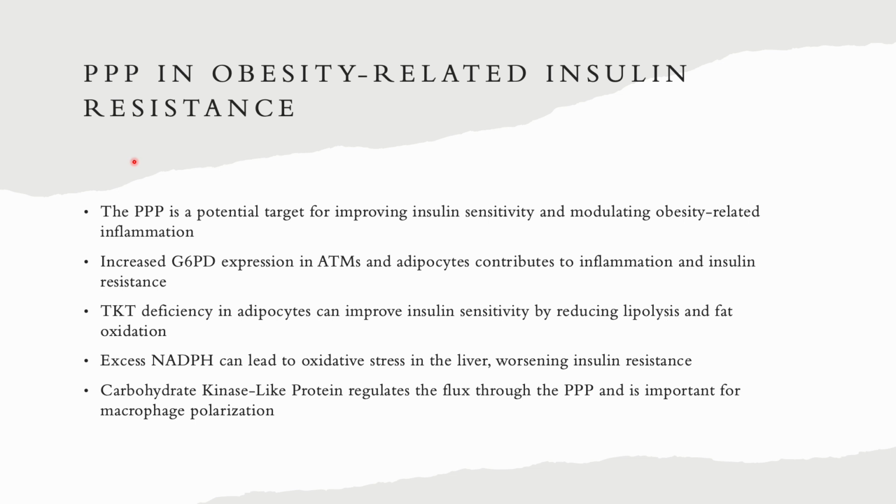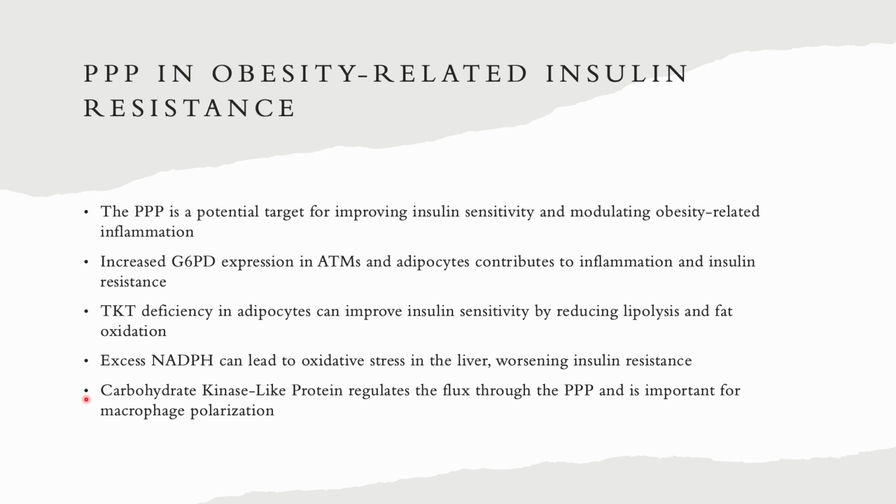Here's where you see how the pentose phosphate pathway is related to obesity-related insulin resistance, because you can see here that excess NADPH can lead to oxidative stress in the liver, which will worsen insulin resistance.